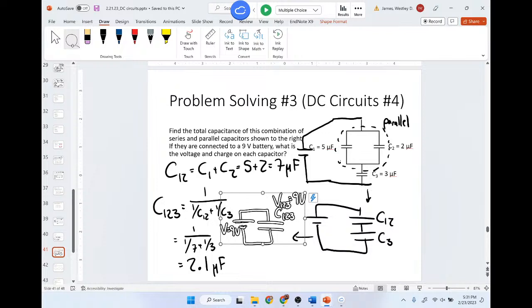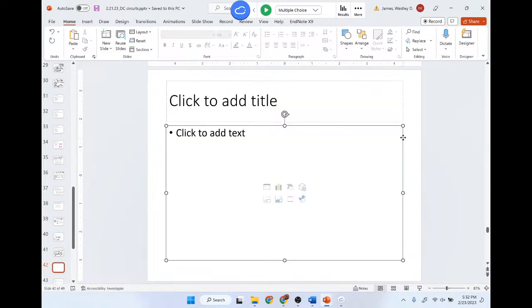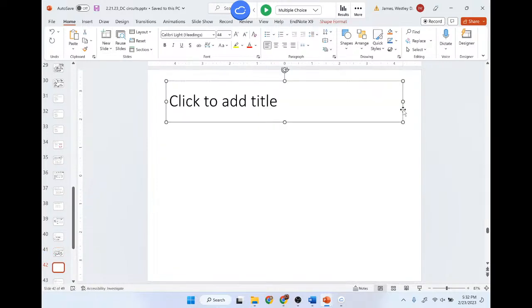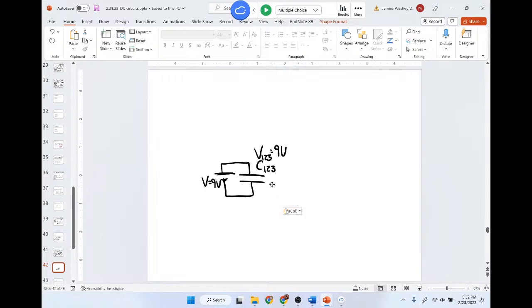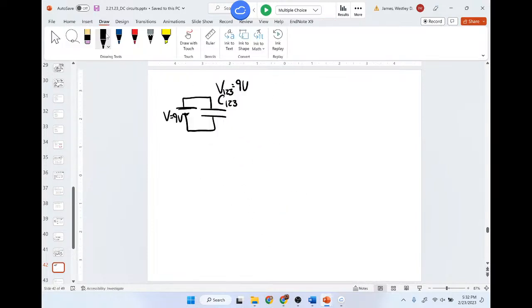When I go backwards, what is constant in series for capacitors? And it's the same logic. Yes, sir. It is charge. So once we get charge for this one, we'll be able to take that charge and move it backwards.